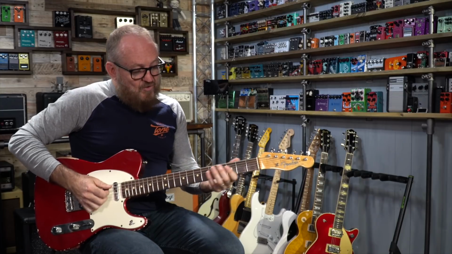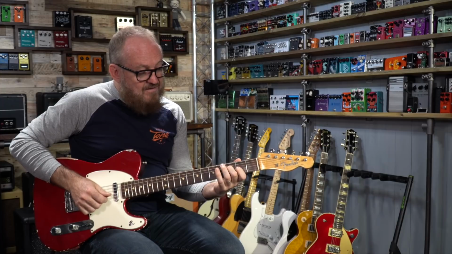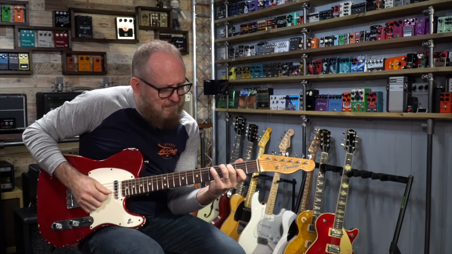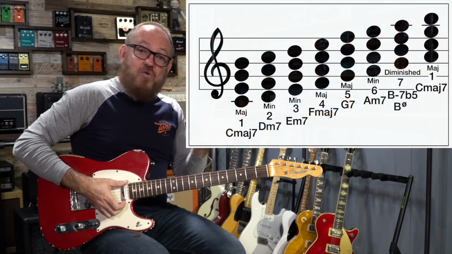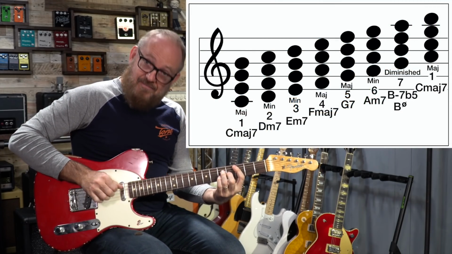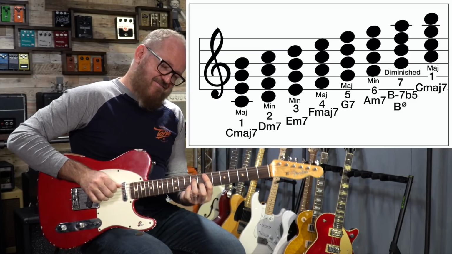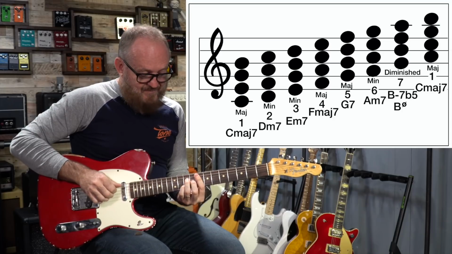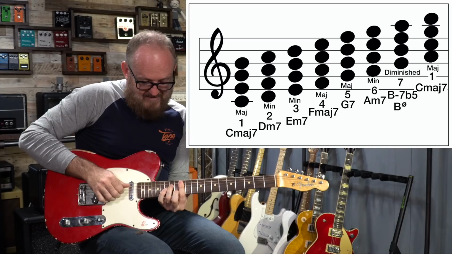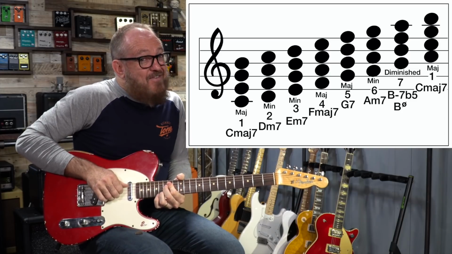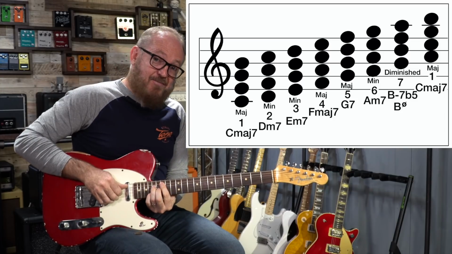Okay, the next chord, D to the... So if we move those chords up the major scale, we get C major 7, D minor 7, E minor 7, F major 7, G dominant 7, A minor 7, B minor 7 flat 5, or B half diminished, and then back to C major 7.